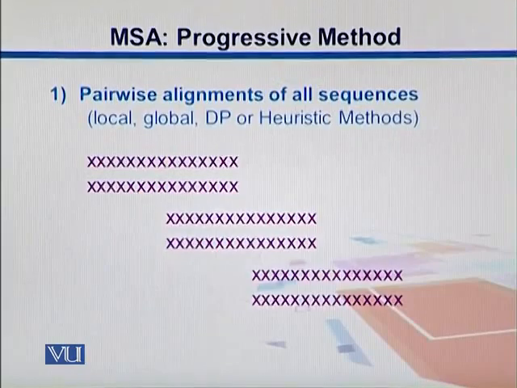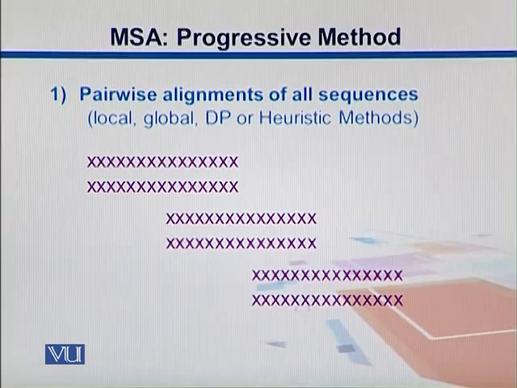So here is how it works. We have pairwise alignments of all sequences. You can do this with any method. Local, if you are aligning some sections or segments within your complete sequences. It can be global, where you take the whole sequences and align them with one another, depending upon your question. Are you planning to do this multiple sequence alignment locally or globally?